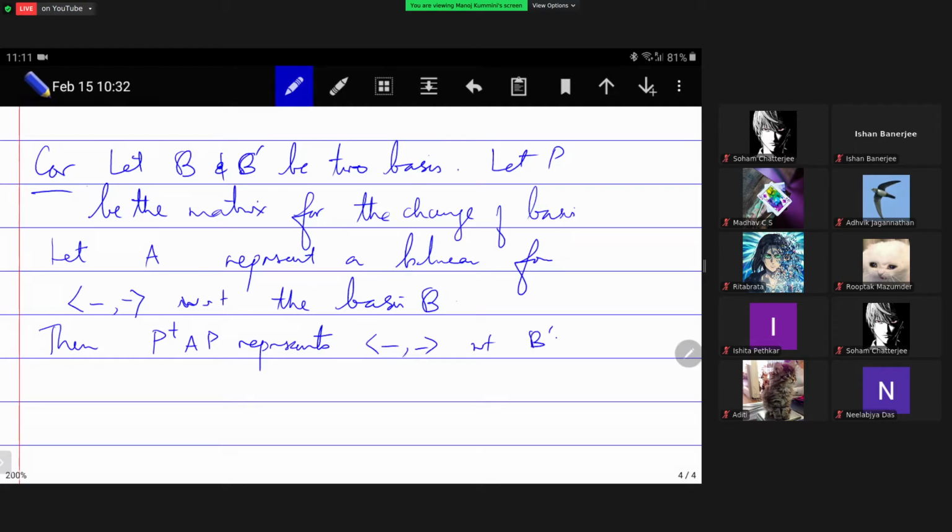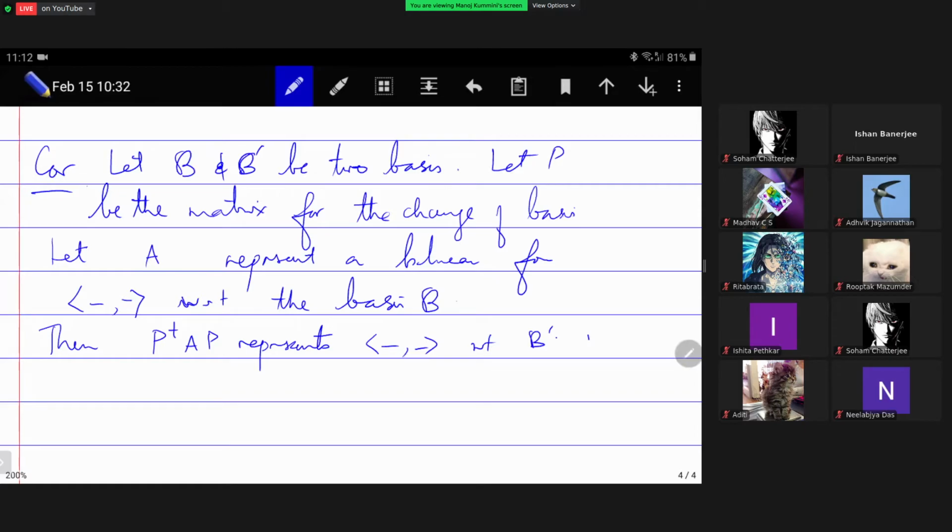In other words, the two matrices A and P transpose AP represent the same bilinear form in two different bases. That's all I said, but this is the statement. Is it clear?